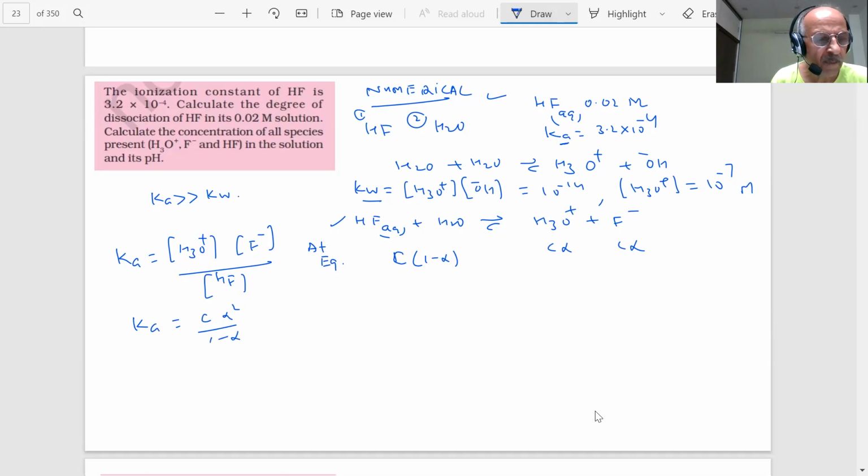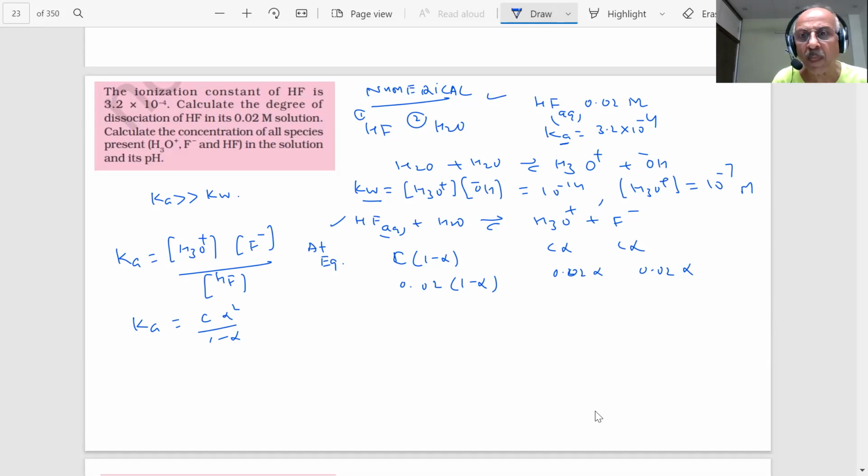What are the values we are given here, student? You are given 0.02 molar, 1 minus alpha, 0.02 alpha, 0.02 alpha. And the Ka value is given.